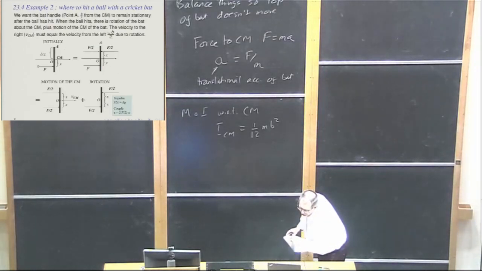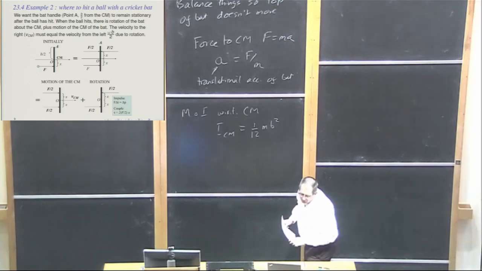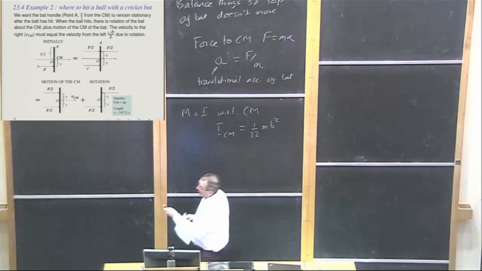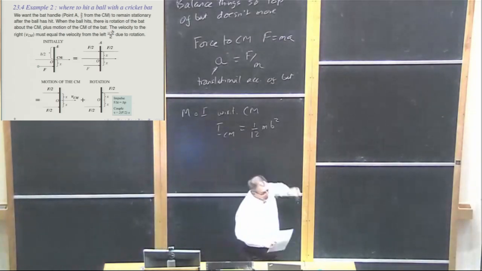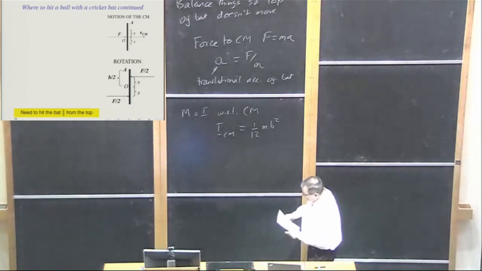I have a b over 2 here, so b is the full length of the bat. So annotate that picture.